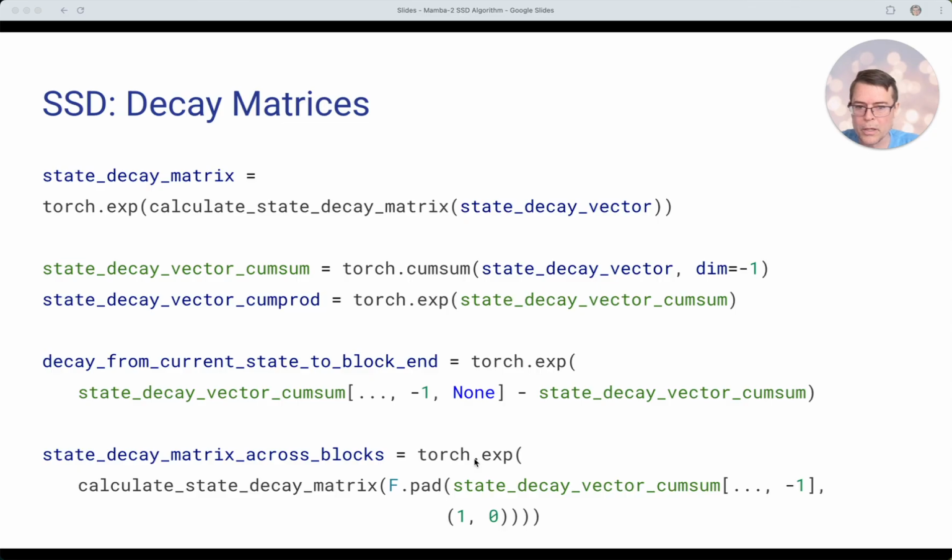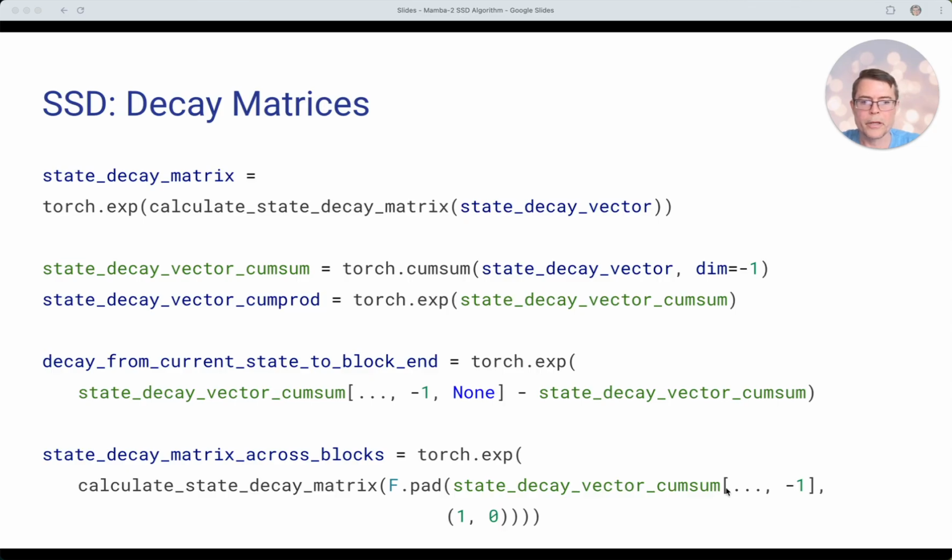This one, you've got your exponentiation to go into normal space. This fpad stuff is basically inserting a 1 zero at the beginning of the cumulative sum and 0 zeros at the end. More or less, put a 0 at the beginning of this, and if you remember we're in log space, so that 0 when you exponentiate becomes a 1 in normal space.